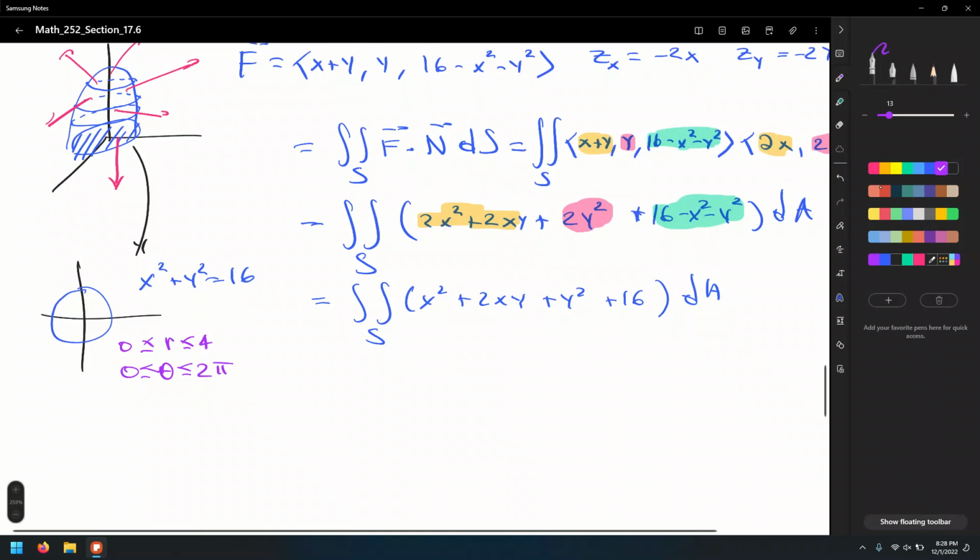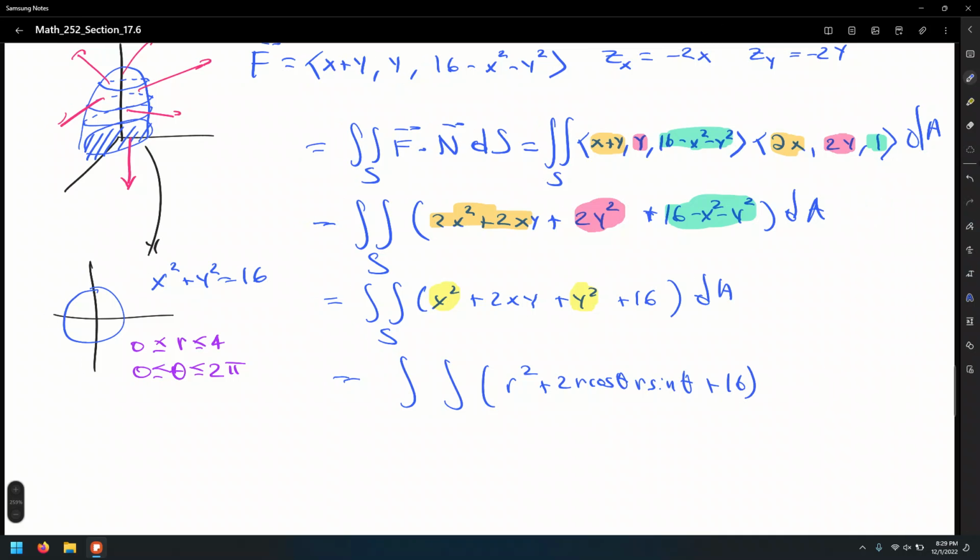So, convert to polar. Converting to polar, see how x squared plus y squared equals r squared. r squared plus 2xy, that's 2r cosine theta, r sine theta, plus 16.